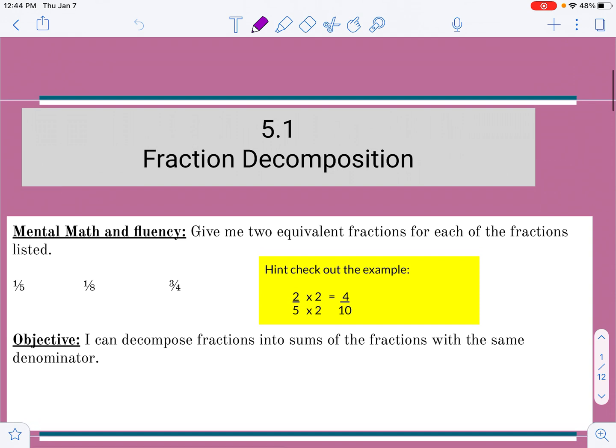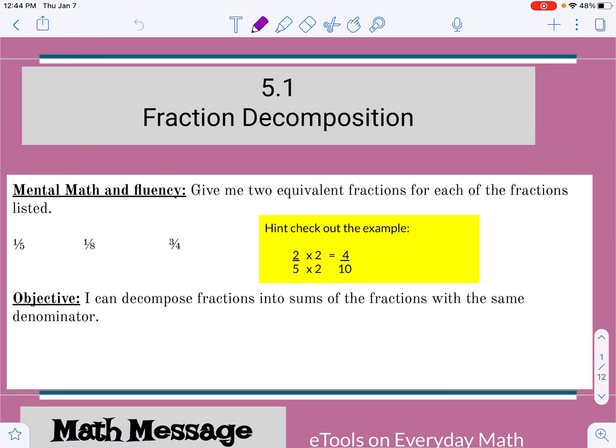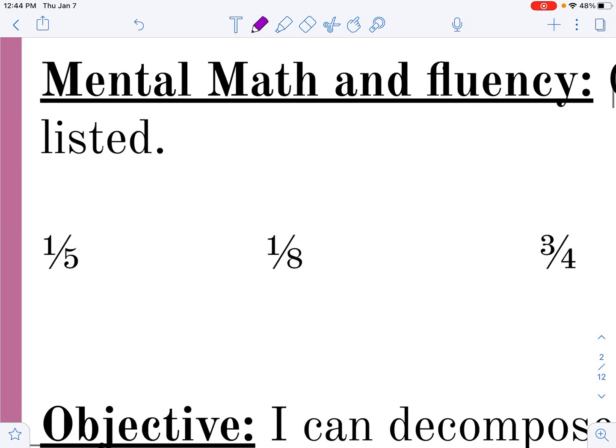But in order to get our brains ready for fractions again, I want to remind you what it means to have an equivalent fraction, or a fraction that has the same value. There's an example here to remember that we multiply the numerator and the denominator by the same number to get an equivalent fraction. So if we're thinking about an equivalent fraction for 1/5, you might be thinking times 2, and times 2 would give us 2/10.